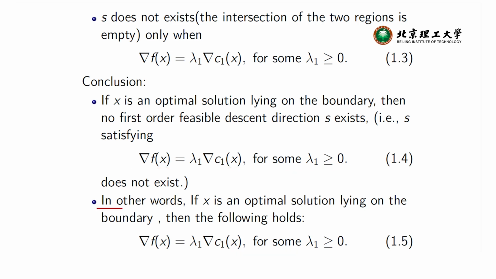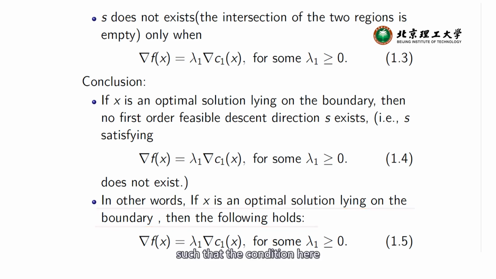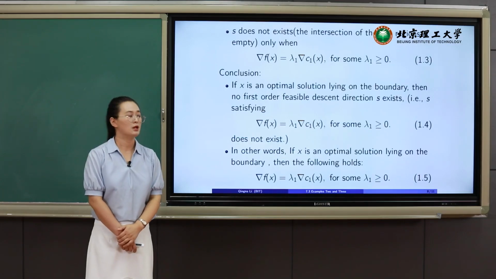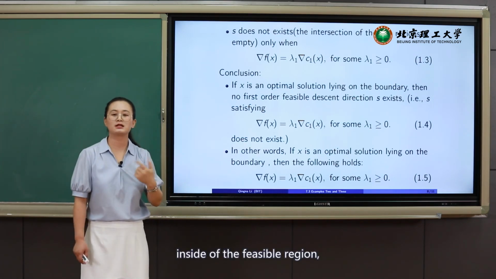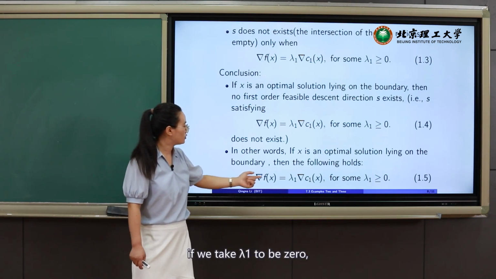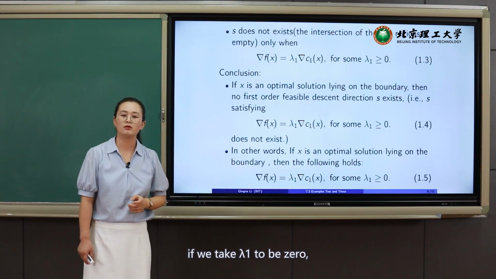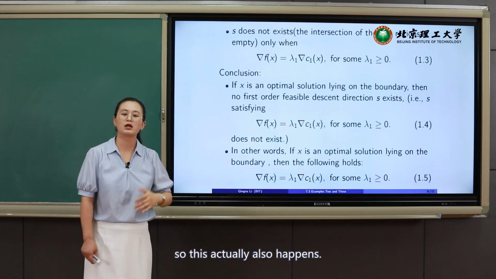In other words, if x star is an optimal solution on the boundary, then there must exist a lambda 1 which is non-negative, such that the condition here holds. If x star is an optimal solution lying inside the feasible region, then we can see that if we take lambda 1 to be 0, then we get that the gradient must be 0. So this also happens.